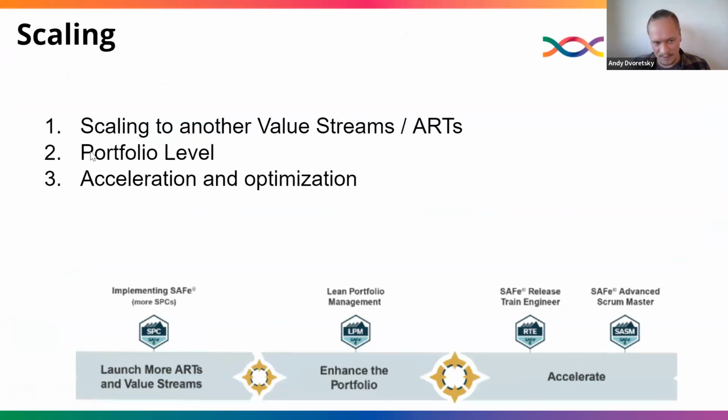We establish or improve portfolio level management, because honestly, in the previous steps it was pretty difficult to establish a good portfolio flow, as we just had one Agile release train, or a few of them.